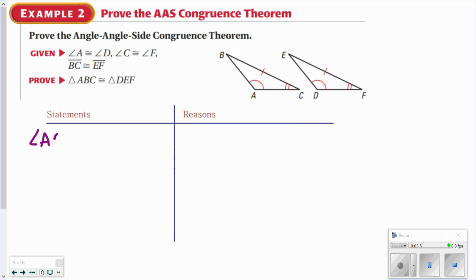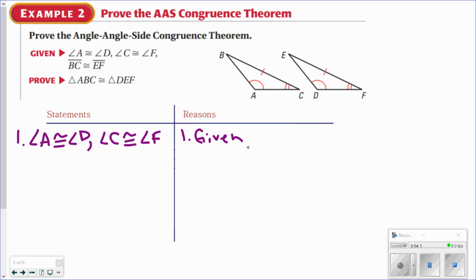Angle A is congruent to angle D, and we know that angle C is congruent to angle F. That was given. And even though it's already written in my diagram, I'm going to trace it again.